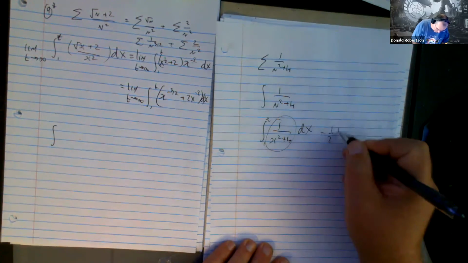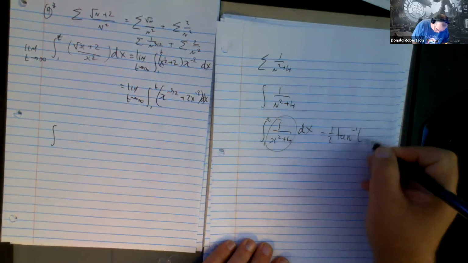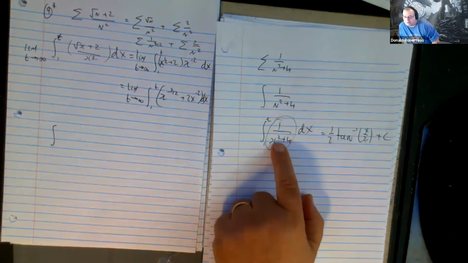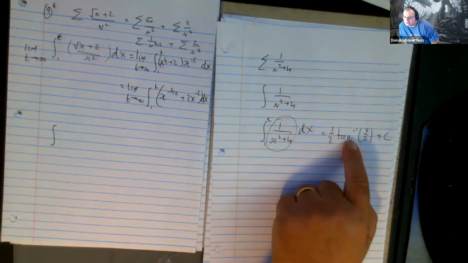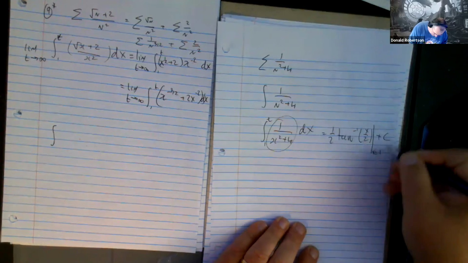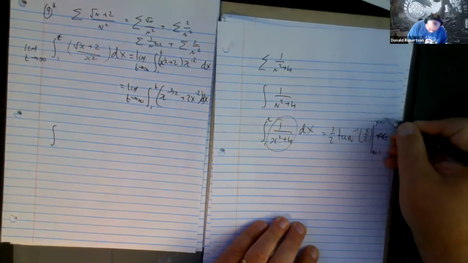What you might or might not know is what he's equal to. So when you are doing that fella, this is what the antiderivative is. So you would evaluate it at x equals 1, at x equals t, and then you put infinity in. By the way, it would converge.